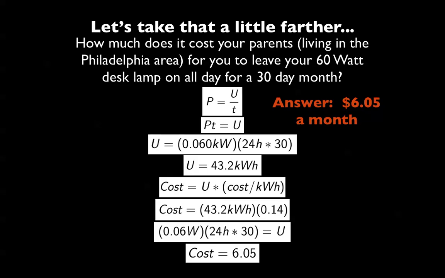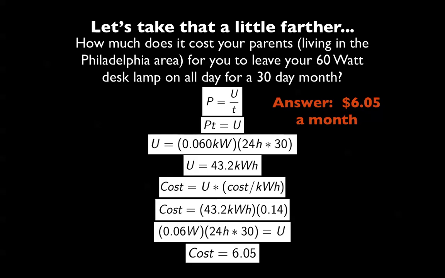That $6 a month is 6 times 12, that's $72 a year you would spend just leaving your lamp on. After a while, it starts to make a little more of a dent.